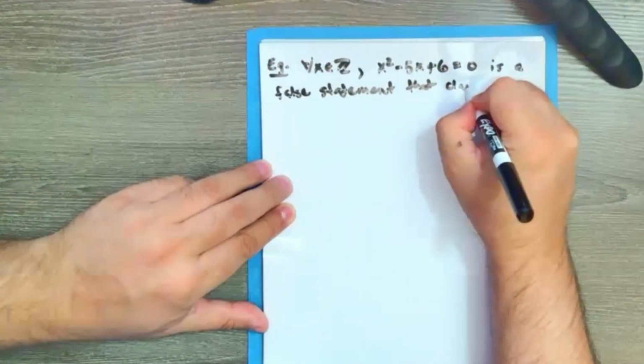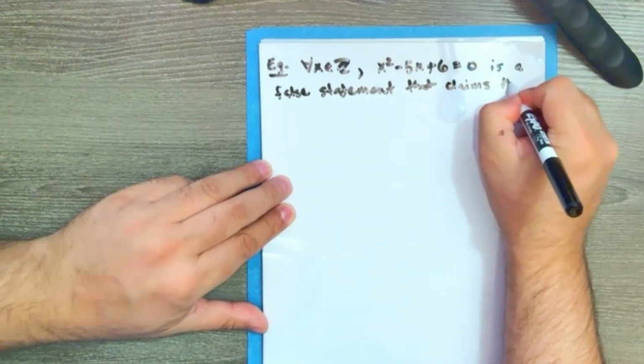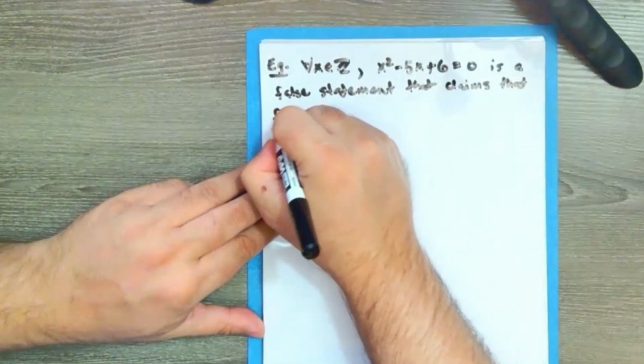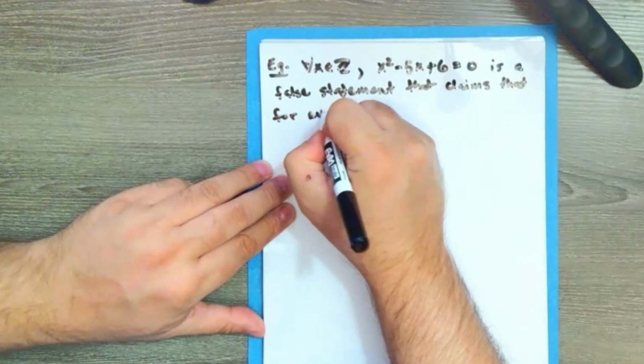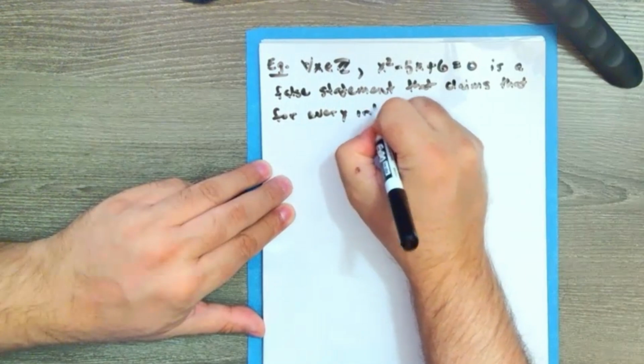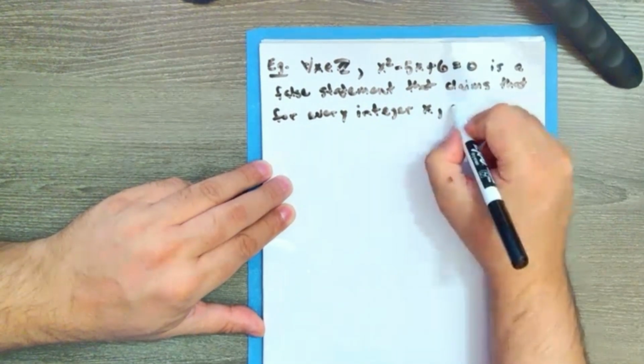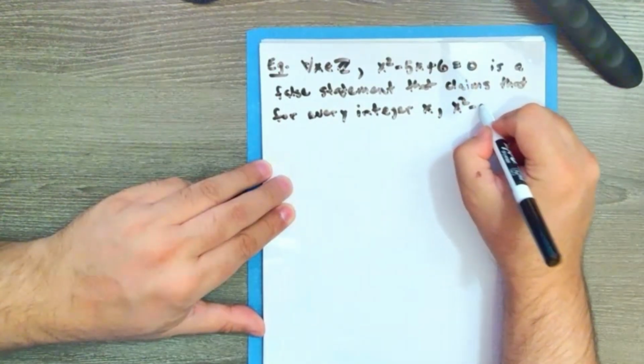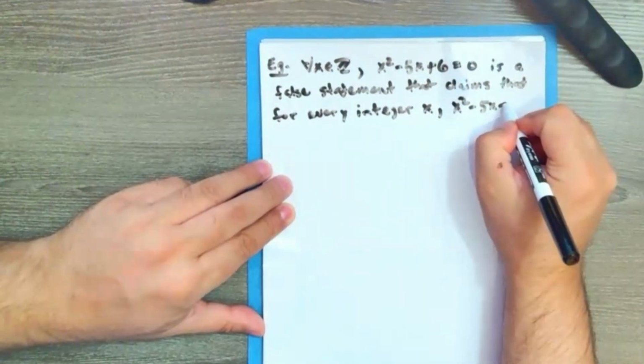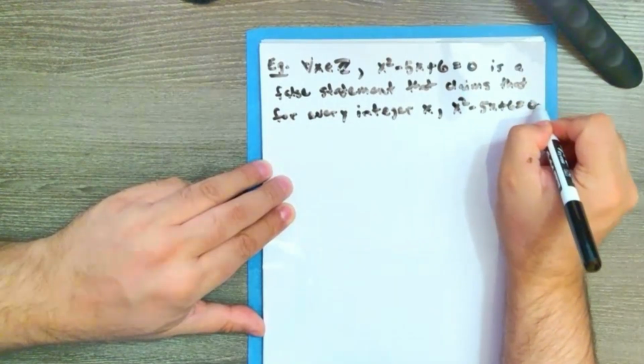That claims that for every integer x, x squared minus 5x plus 6 is equal to 0.